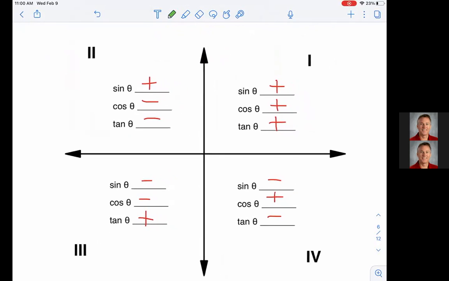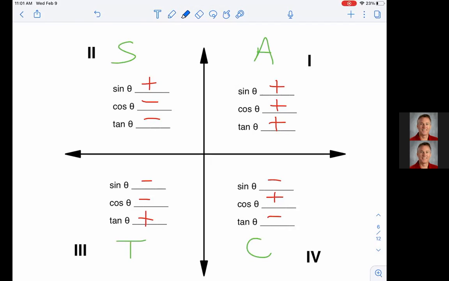Okay, so a little device some students helped use to help them remember, like in the first quadrant, all of them are positive. In the second quadrant, just the sine is positive. In the third quadrant, just the tangent is positive. And in the fourth quadrant, just the cosine is positive.